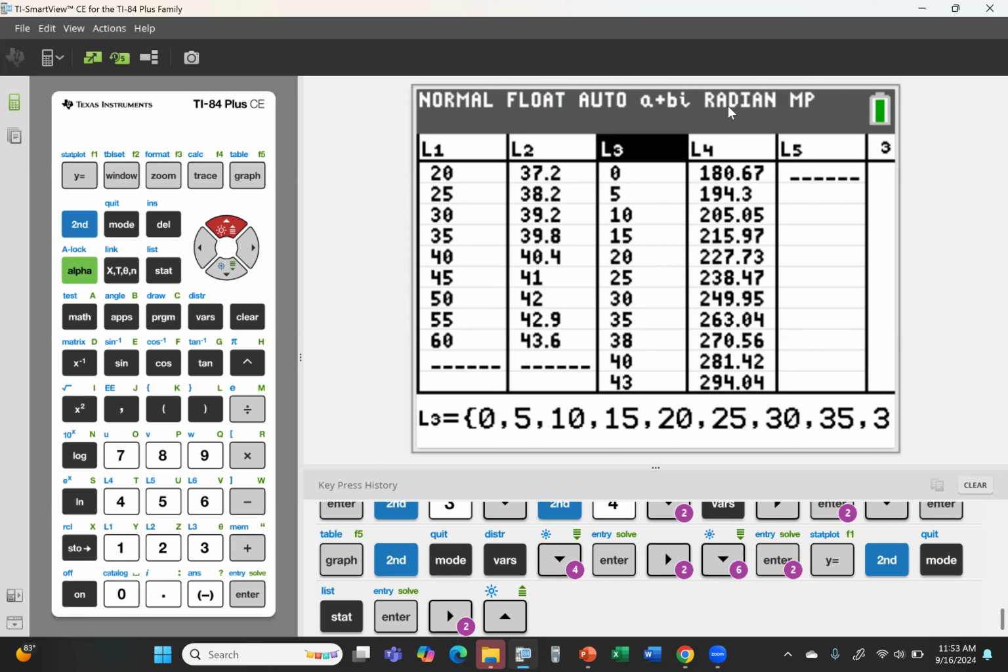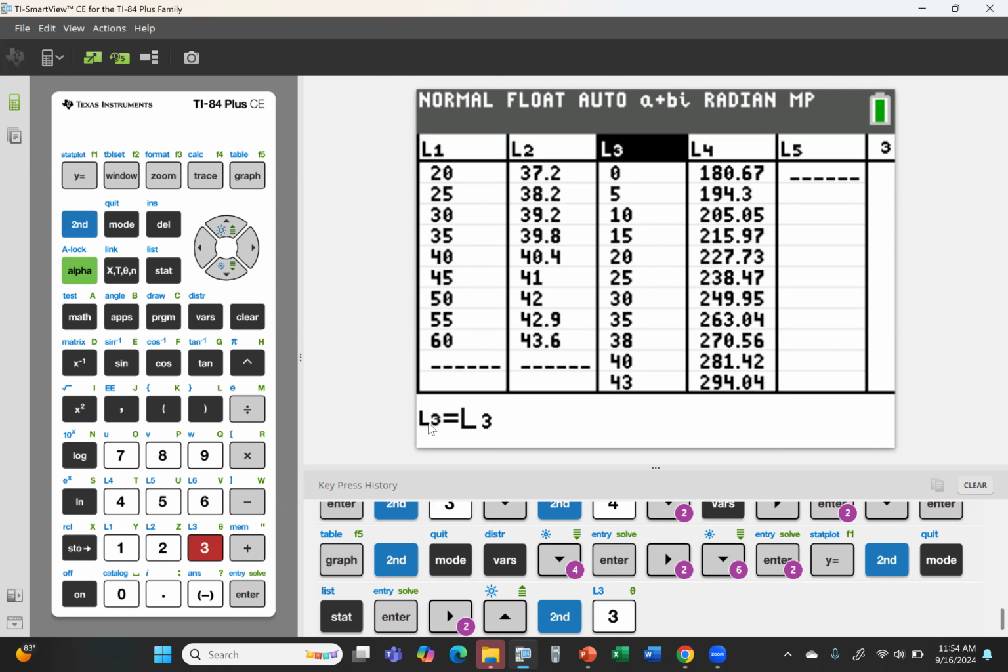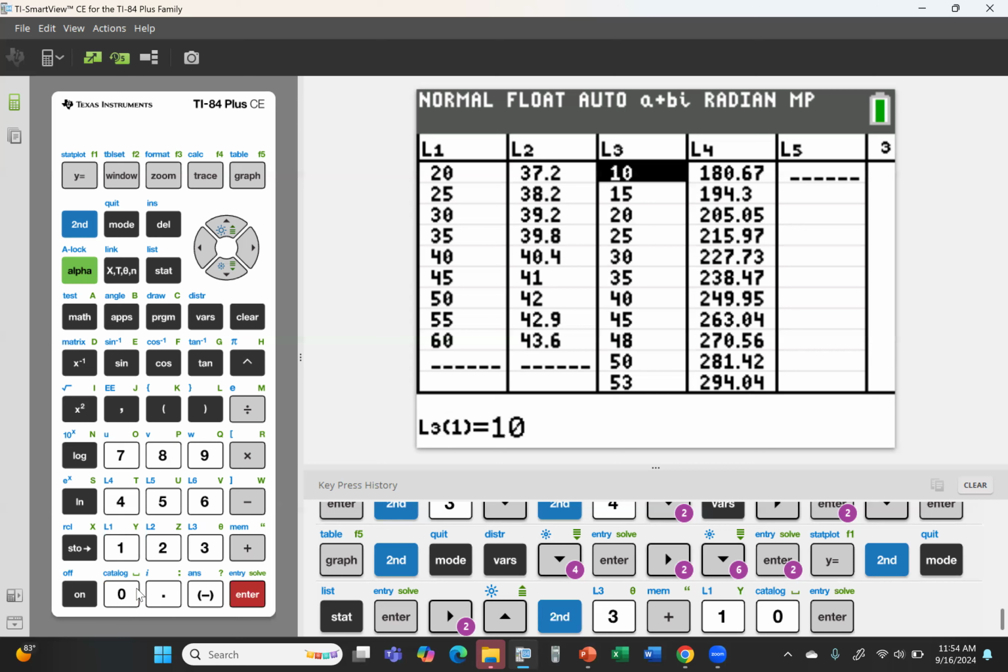So once the L3 is highlighted, I go second, 3, and you can see down here at the bottom, now I've got L3, and I'm going to add 10. I'm going to align that data to the original data plus 10. And when I hit enter, what does it do?